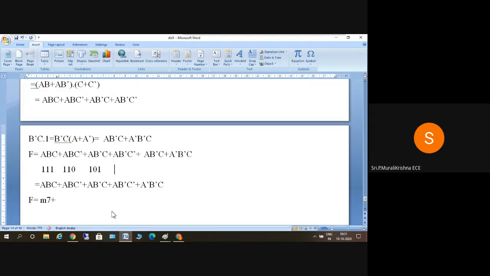In case of min terms, the complement term is 0 and the normal term is 1. So AB bar C bar is 1, 0, 0, and A bar B bar C is 0, 0, 1.